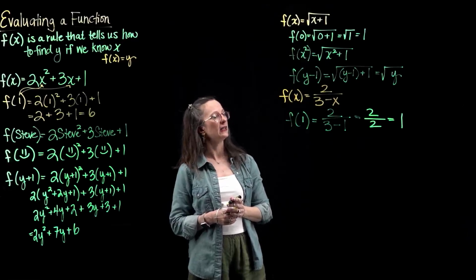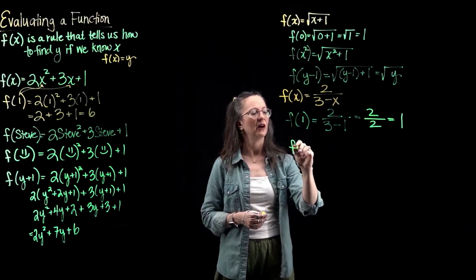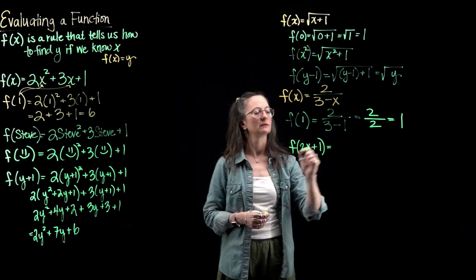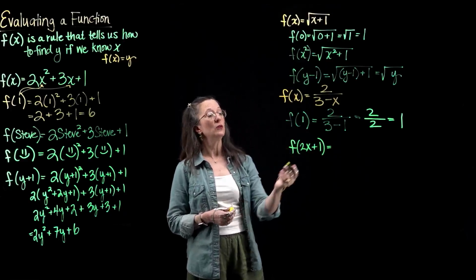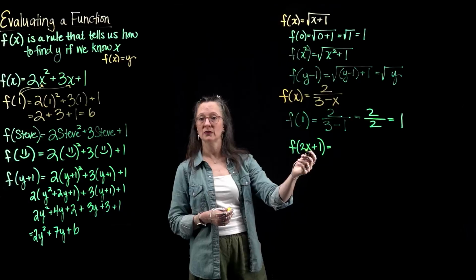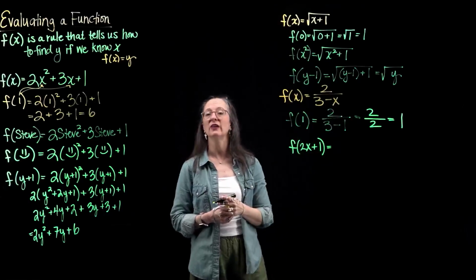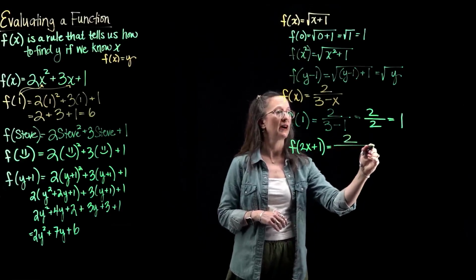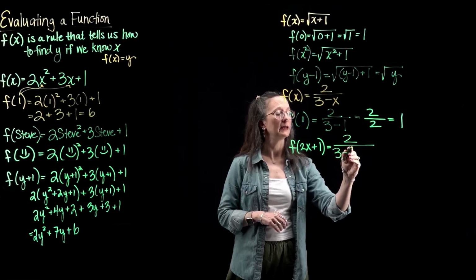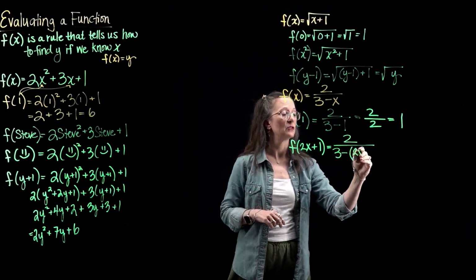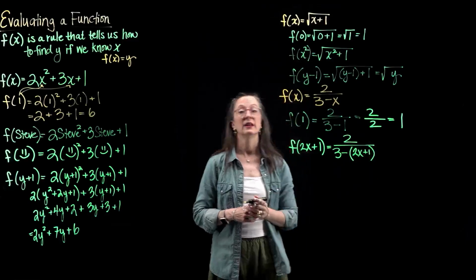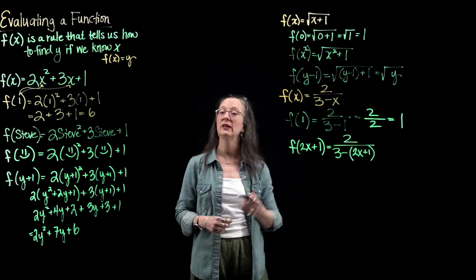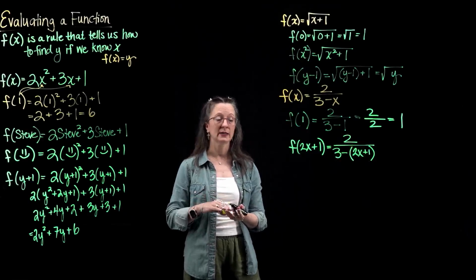What if I said f of 2x plus 1? So we would place 2x plus 1 in the spot of x in our original function. So I would write it as 2 divided by 3 minus parentheses 2x plus 1. Now the parentheses are really important there so that I know to distribute the negative to both the 2x and the 1.